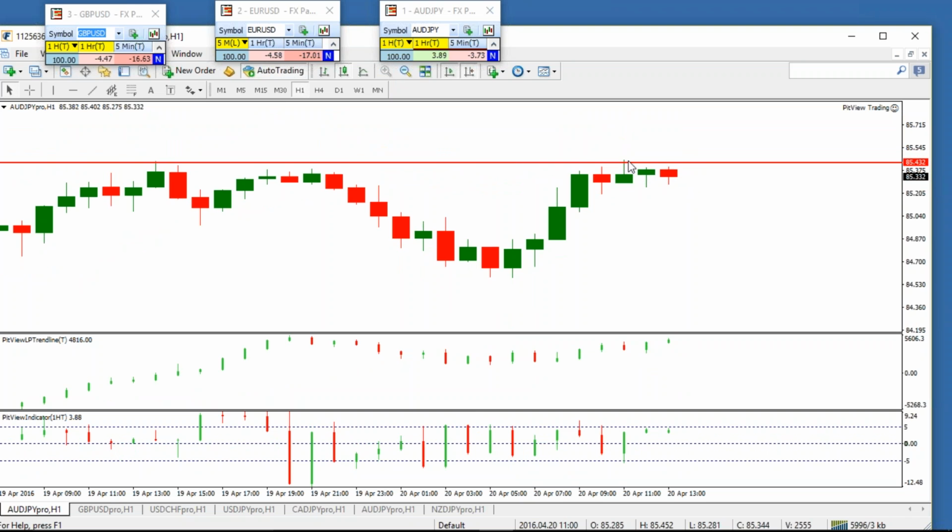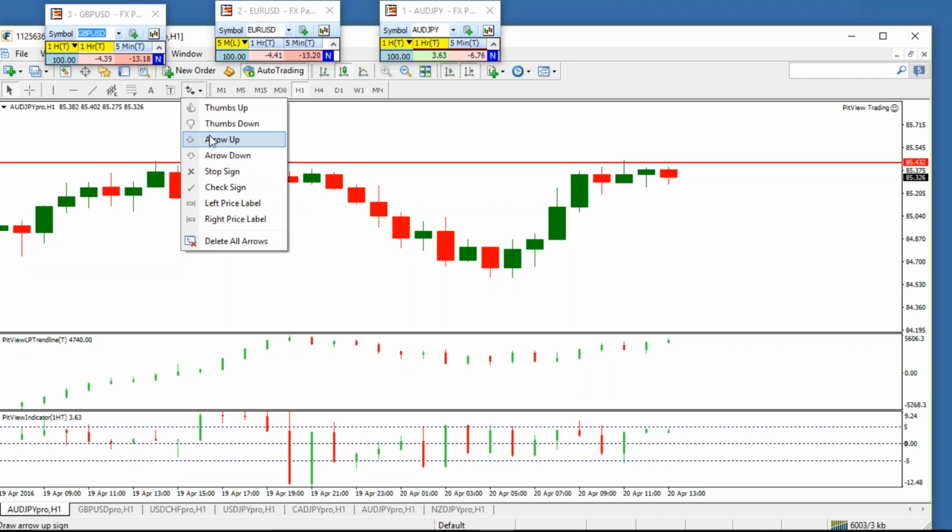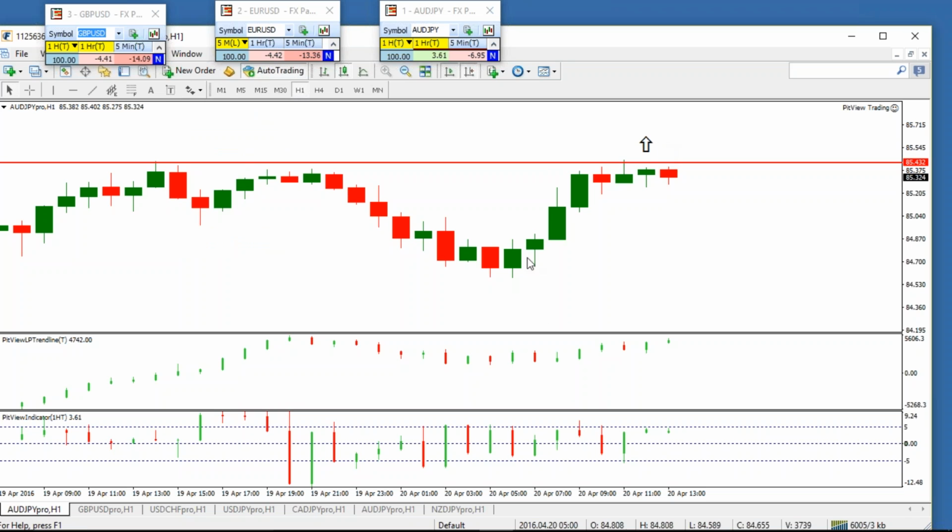I was looking through these highs right in through here for potential momentum plays, and I still like the risk on scenarios, but I'm going to stick with Aussie Yen for more of a momentum standpoint, because I saw it come up and it's since been bouncing off this little resistance level, mainly because markets are not showing a huge amount of volatility, so commodities aren't moving a huge amount.